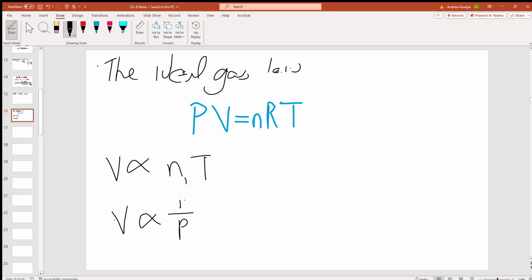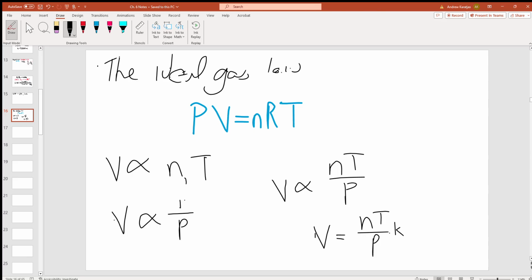So if we put all of this together, we could say that volume is proportional to n times T over P, and then we just need a constant to make it an equality. So V is equal to n times T over P times a constant K.